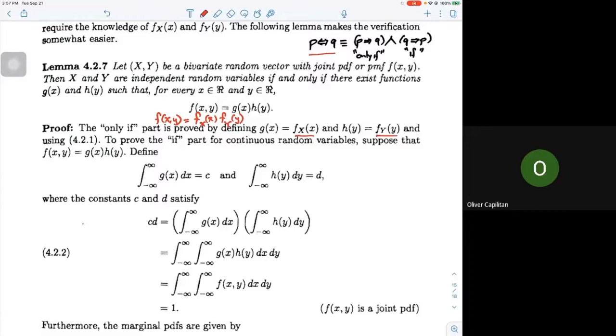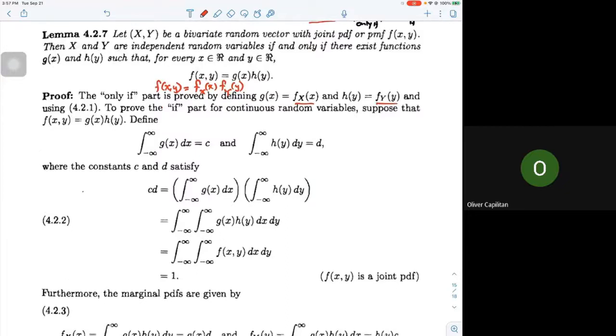So if you take c, d equal to this, and then using the property of integral, we can write the product of the integrals to be this double integral of g of x, h of y, dx dy. And then since we have assumed that the product is equal to this, then we have that.